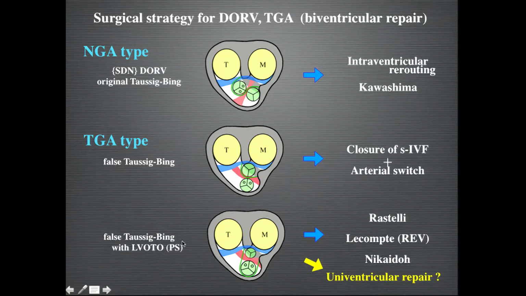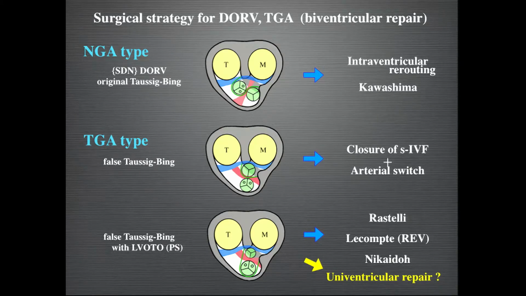And some patients have combined left ventricular outflow tract obstruction, like pulmonary stenosis. In such a situation, in some cases we use the Rastelli procedure or REV procedure, and in some cases a Nikaido procedure.